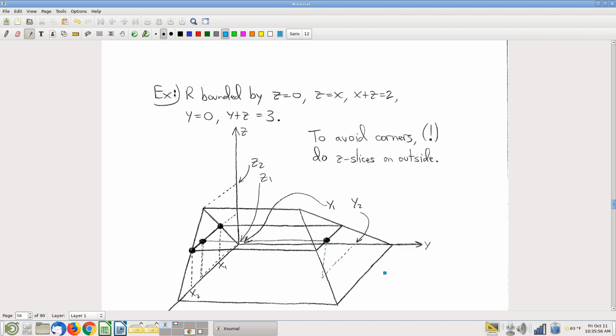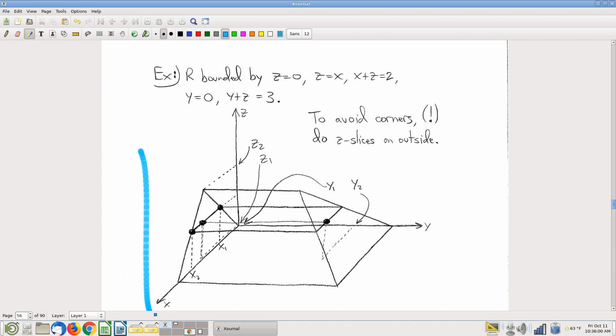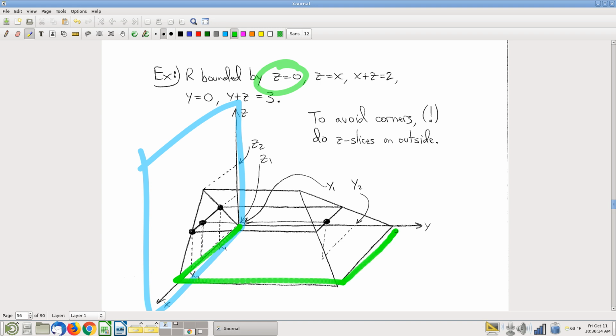So, for example, I can first think about what these equations look like in the xz plane by itself. Z equals 0 looks like that in the xz plane, and therefore it translates into something like that.